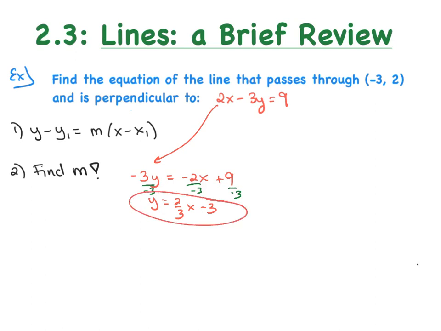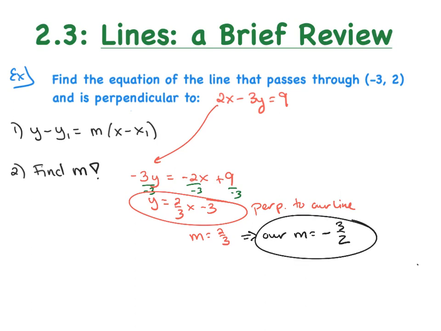But now remember, this line is perpendicular to our line. So if this slope is positive 2/3, that means that our slope is negative 3/2, the opposite reciprocal.